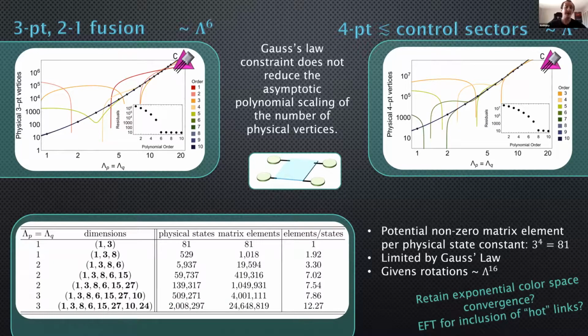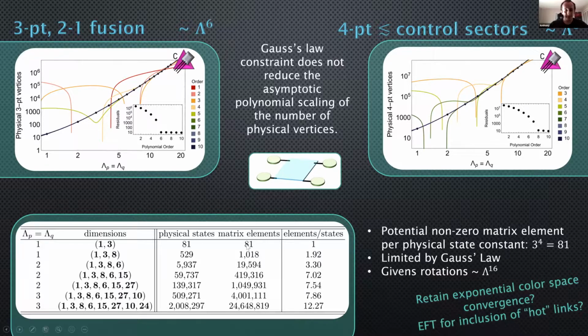And so when you look at the scaling of the number of rotations that you'd have to do for the plaquette operator as a function of truncation, you find that the naive lambda to the 16th scaling is actually what you end up with even in the presence of Gauss's law.